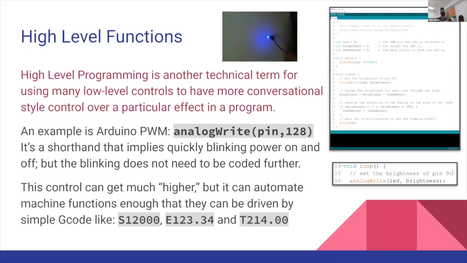And then there's some high level functions. So if you want to hit a perfect temperature, a perfect brightness, you can use pulse width modulation. And so that's how you get a fading LED like this. And we've played around with those before, where you analog write to a pin and you get a certain brightness. The same thing would be true for how you'd set your RPMs on a motor. So if you use pulse width modulation, you can set the speed of a motor, just like you can set the brightness of an LED.